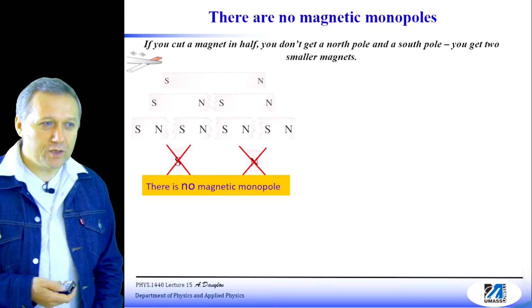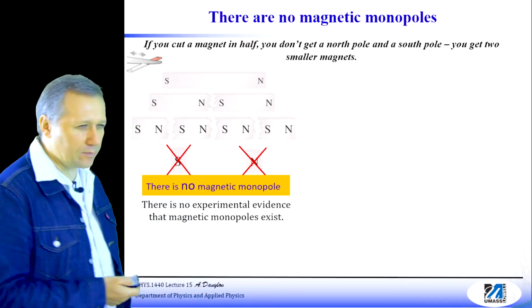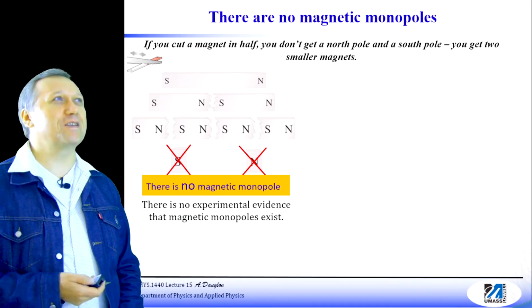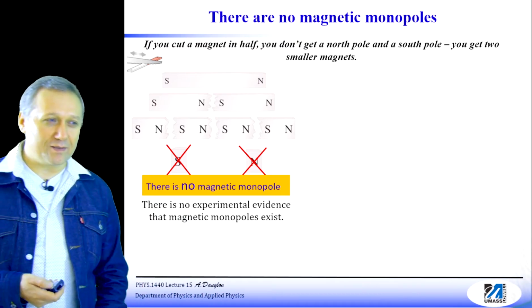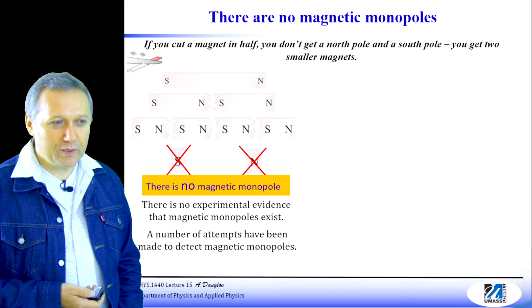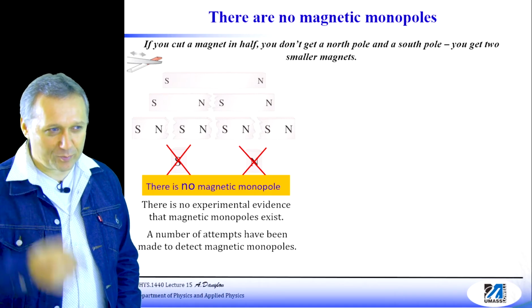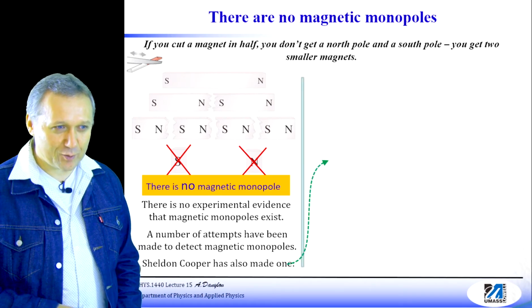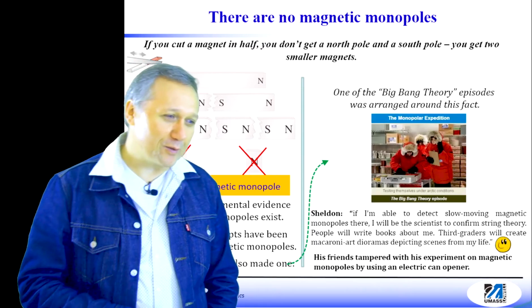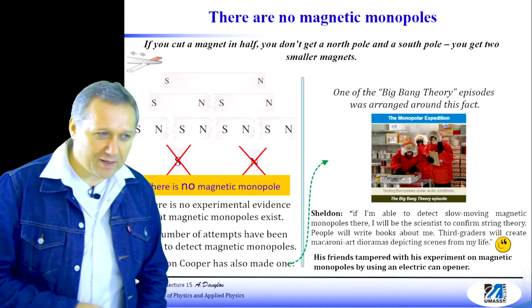And if you watched that famous sitcom, The Big Bang Theory, you remember in one of the episodes, Sheldon Cooper got the NSF grant to go to the South Pole and he was trying to find magnetic monopoles. And you remember what the result was? Because he was so annoying, his friends just faked data for him.